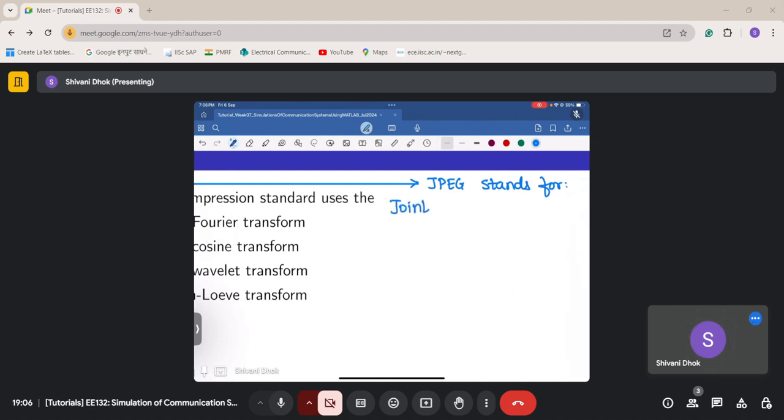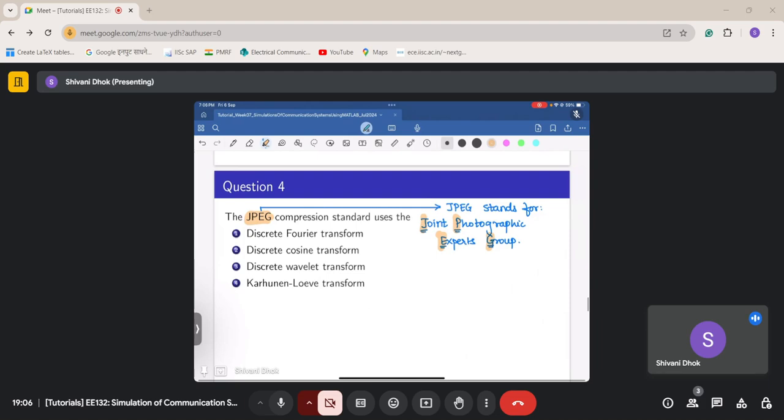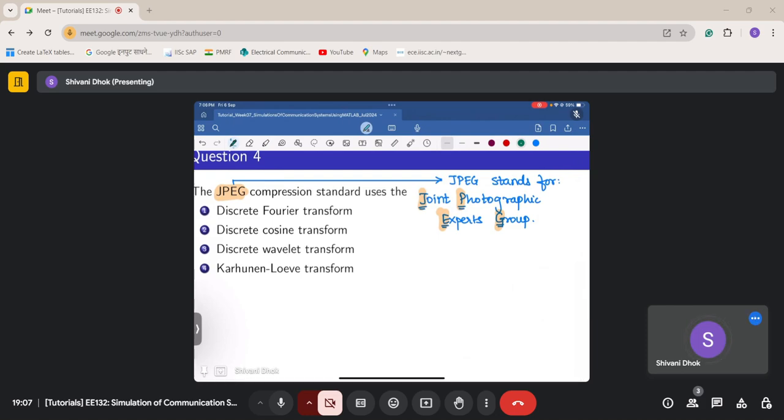And this is a very lossy compression technique for images.